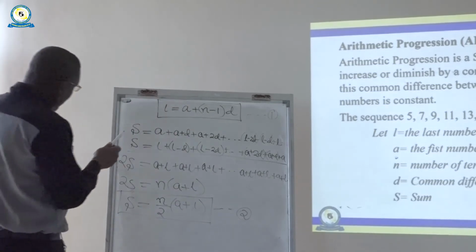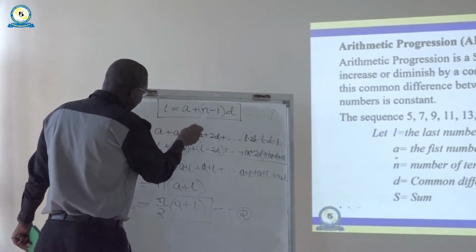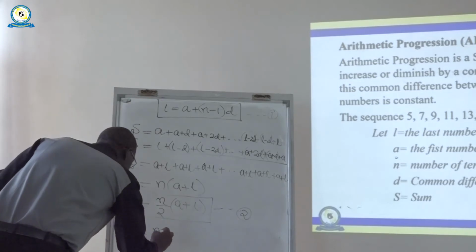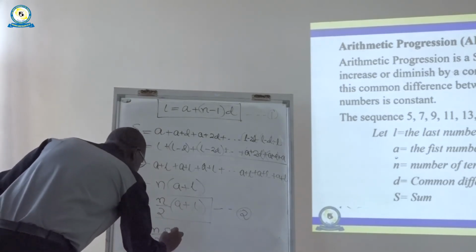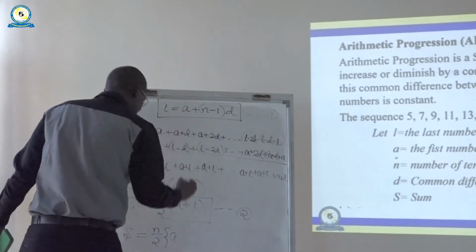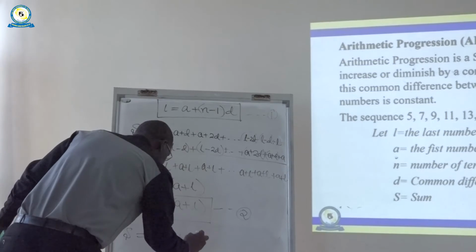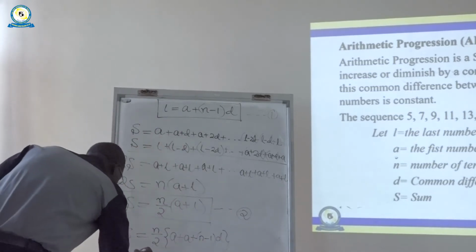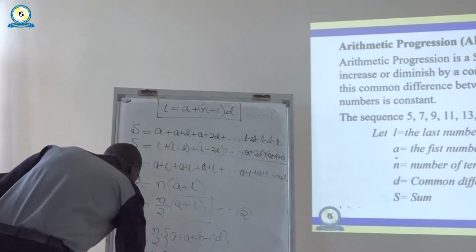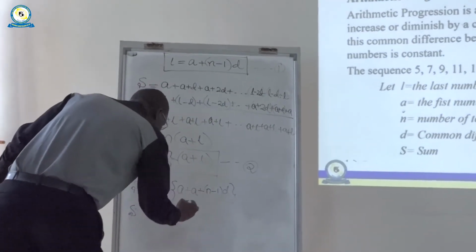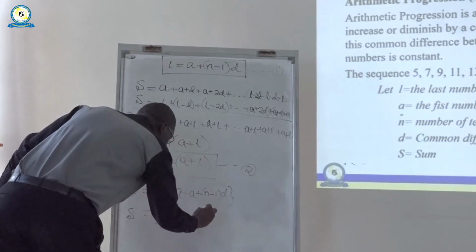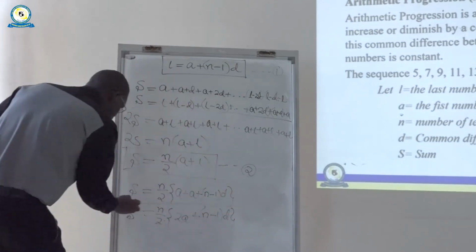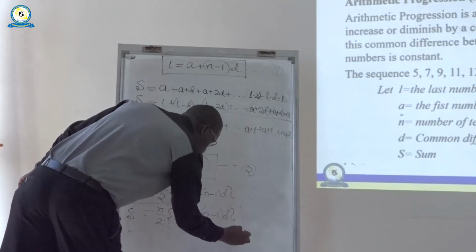Now, if we write L as A plus n minus 1 times D, we are going to have S equals n by 2, bracket A plus A plus n minus 1 times D. So S equals n by 2, bracket 2A plus n minus 1 times D. This is the third formula which we are going to use.